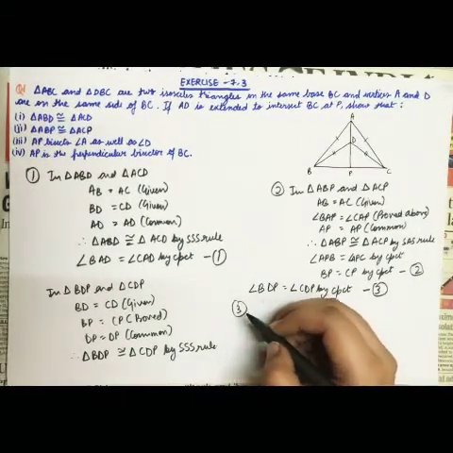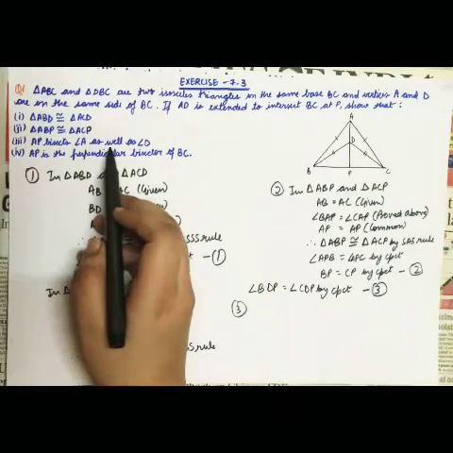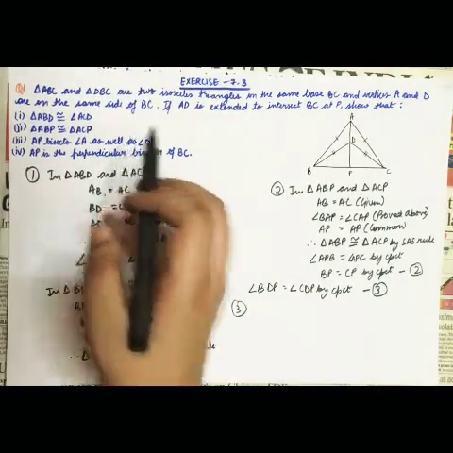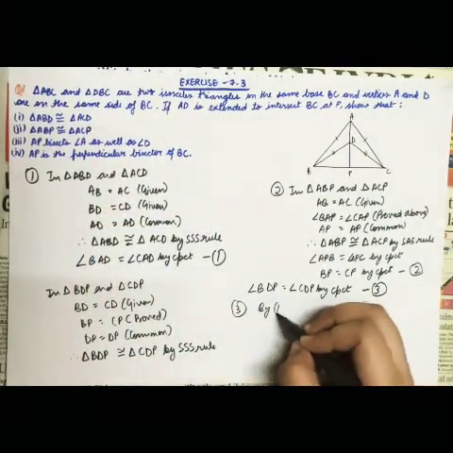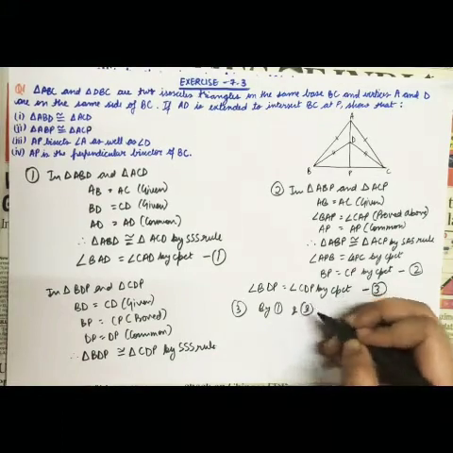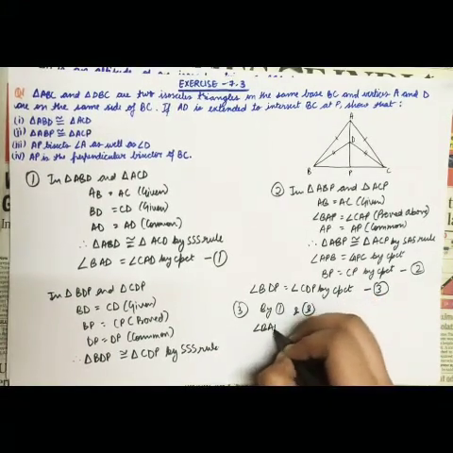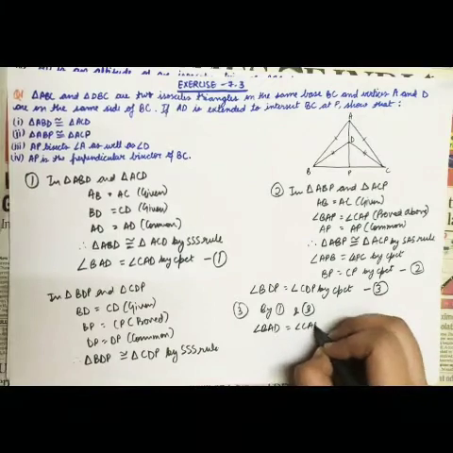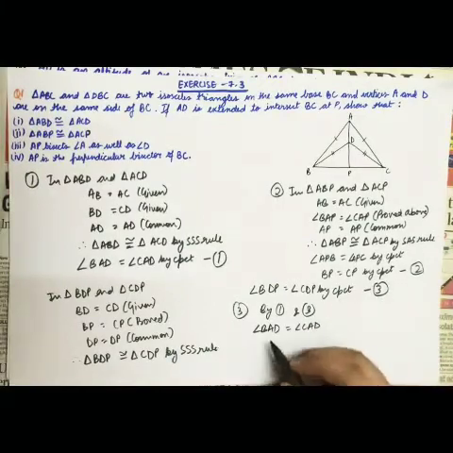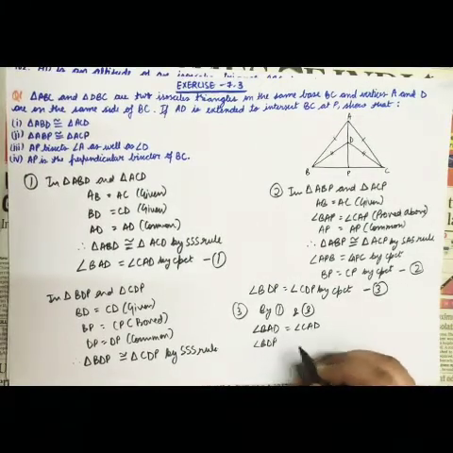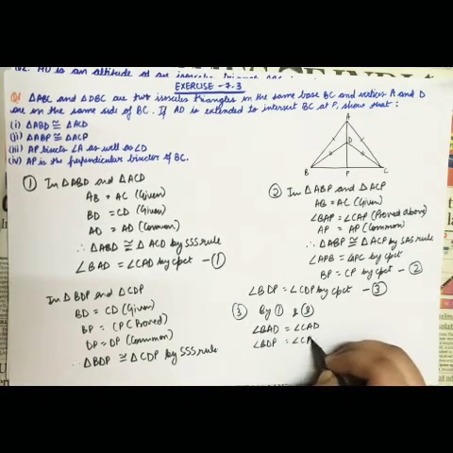So third is AP bisects angle A as well as angle D. So by 1 and 3 we can say that angle BAD is equal to angle CAD, and third is angle BDP is equal to angle CDP.